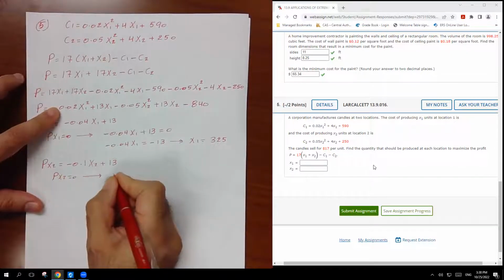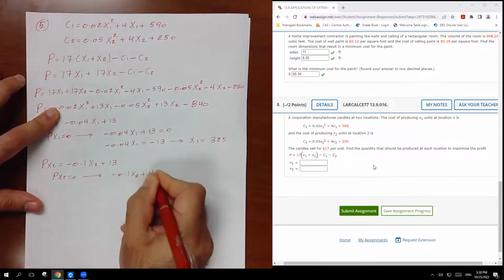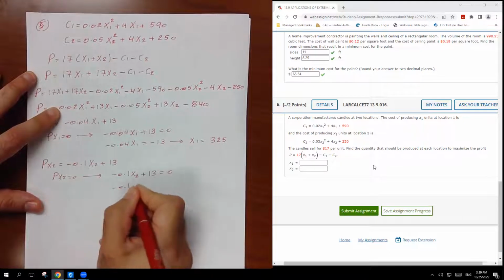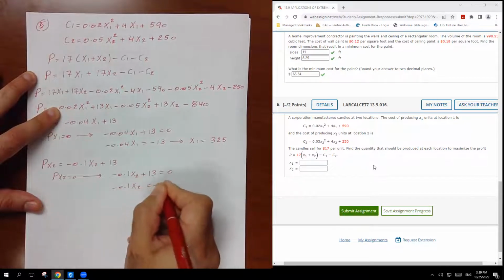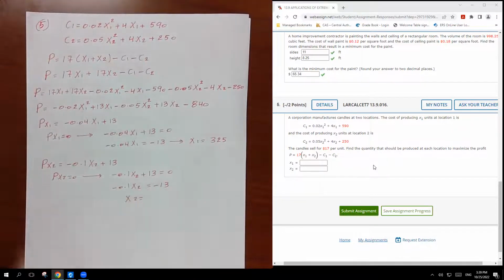That means negative 0.1 x2 equal negative 13, divided by negative 0.1. That means 130 divided by 0.1... 13 divided by 0.1 is going to be 130.